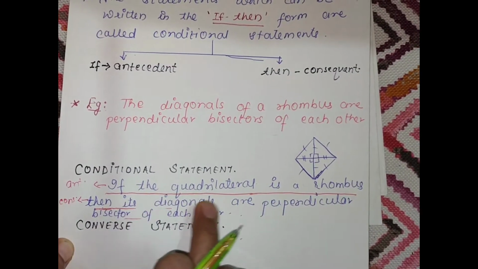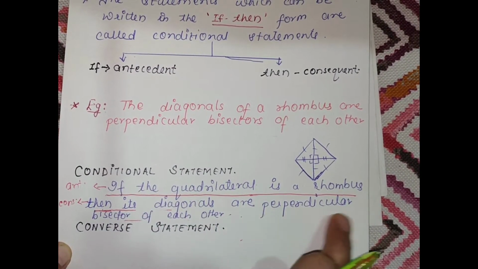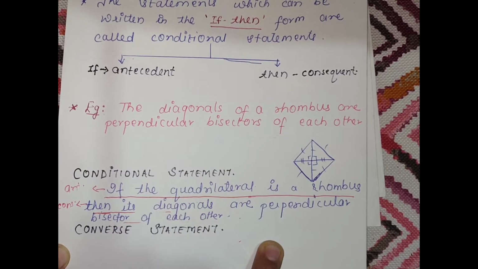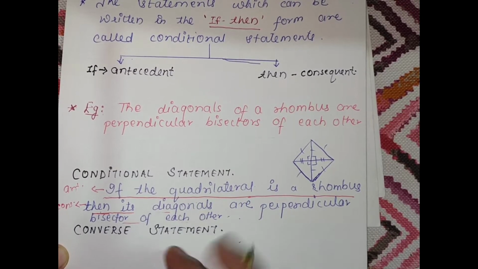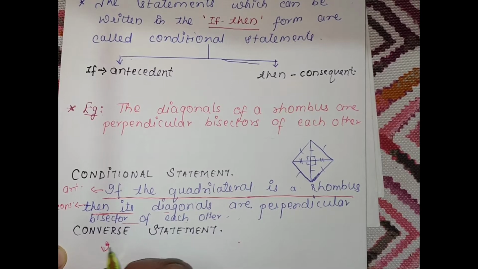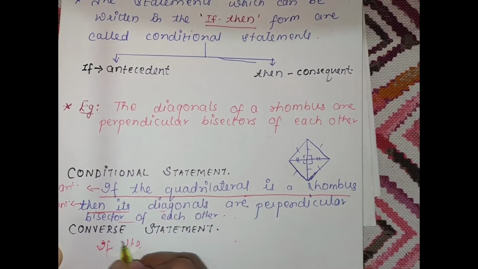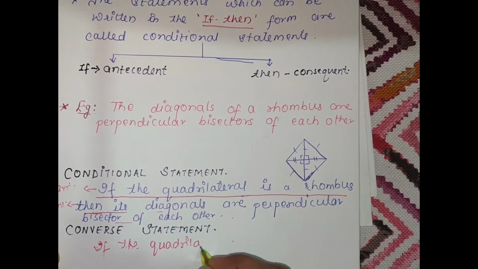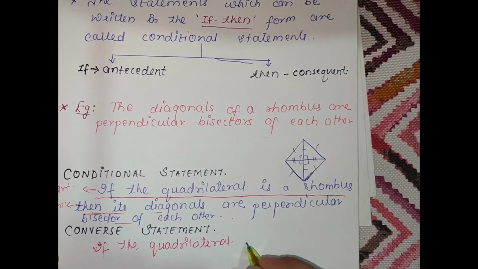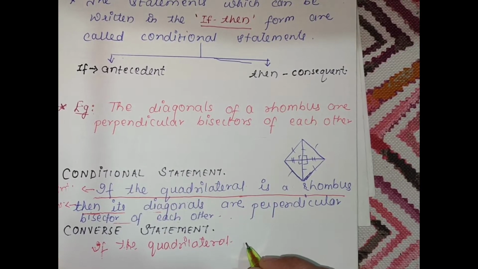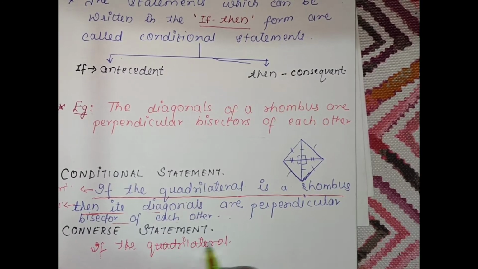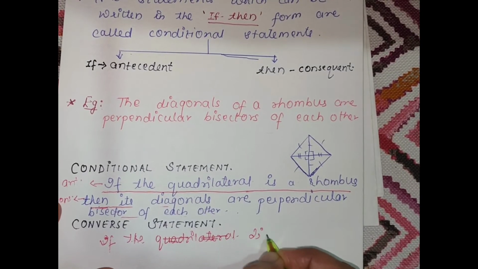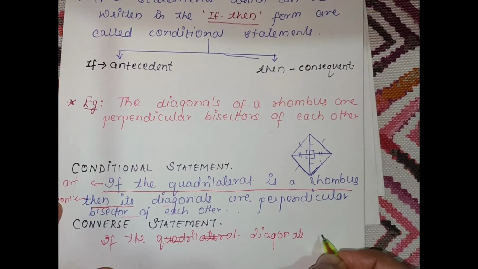If the diagonals of a quadrilateral are perpendicular bisector of each other, then it is a rhombus.